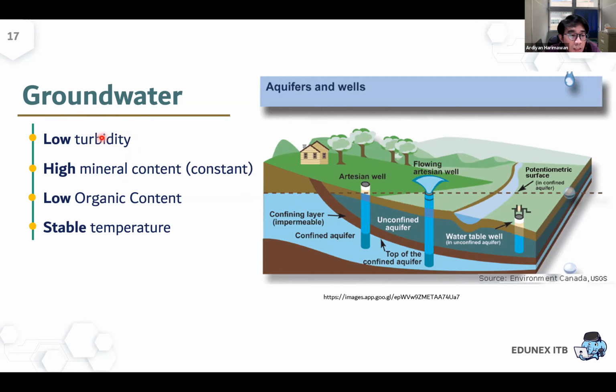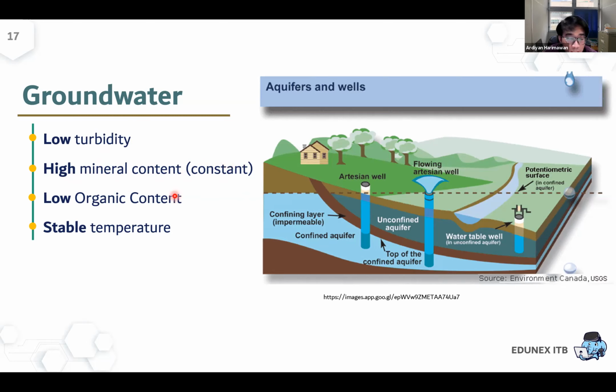And in different areas, the groundwater characteristics from one area to another will be different. It will depend on the types of mineral content in the rock bed. So in some areas you can find the water will contain very high iron concentration or manganese concentration, but in other areas maybe it's low.